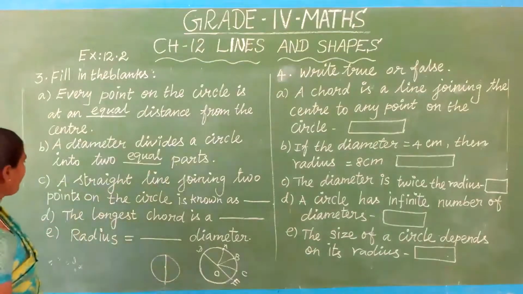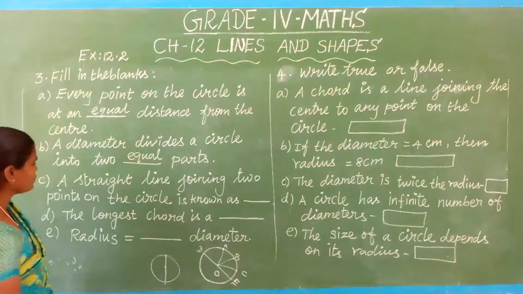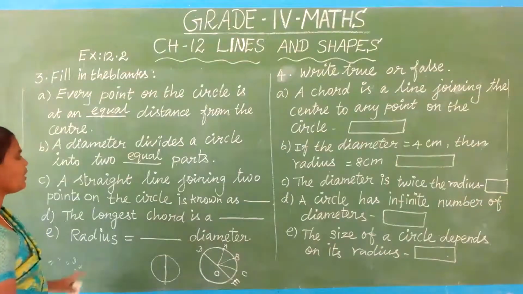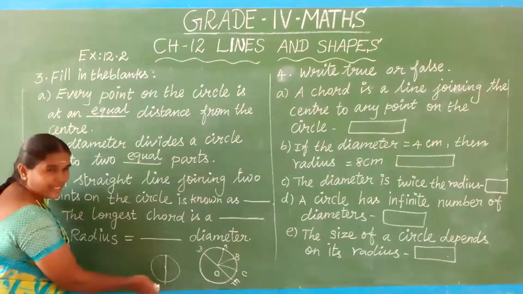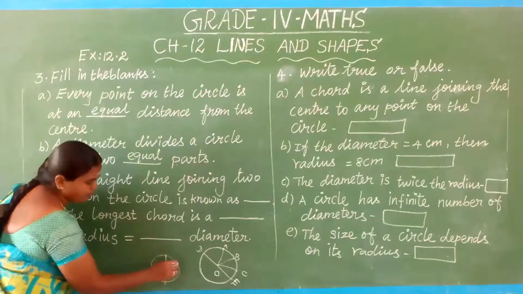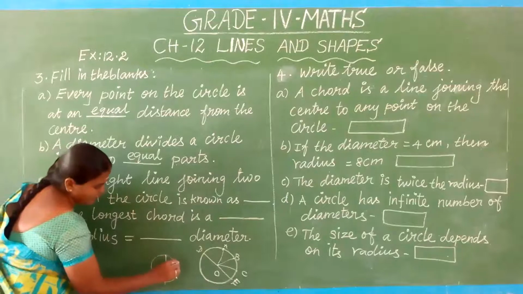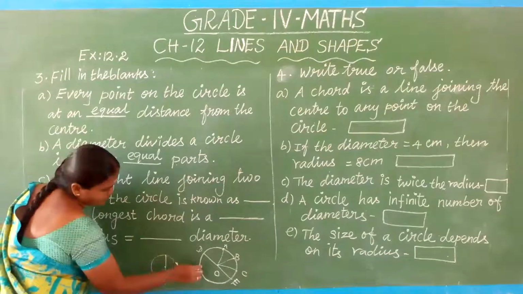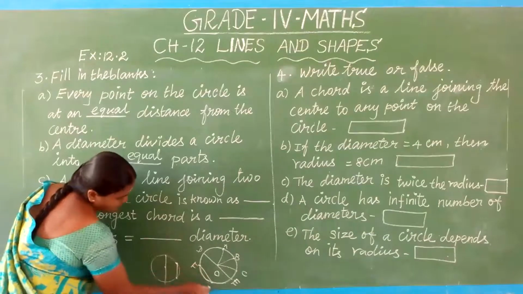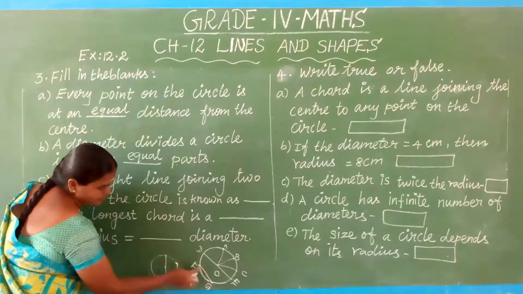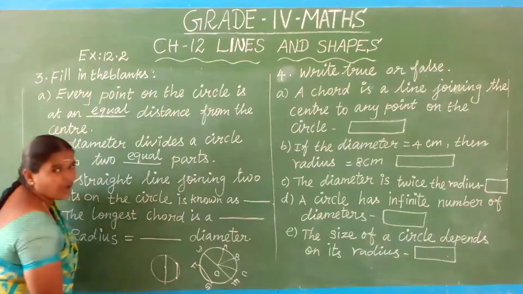C question: a straight line joining 2 points on the circle is known as. For example, here F, G, the points F and G. This is called a chord.